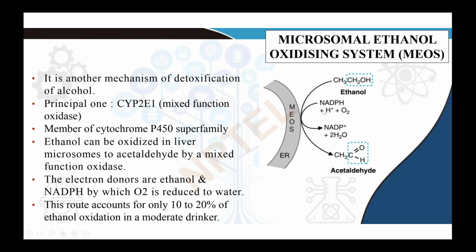NADPH is oxidized to NADP plus, and ethanol is oxidized to acetaldehyde. This route accounts for only 10 to 20% of the ethanol oxidation. The rest of the ethanol is metabolized in the liver by alcohol dehydrogenase.